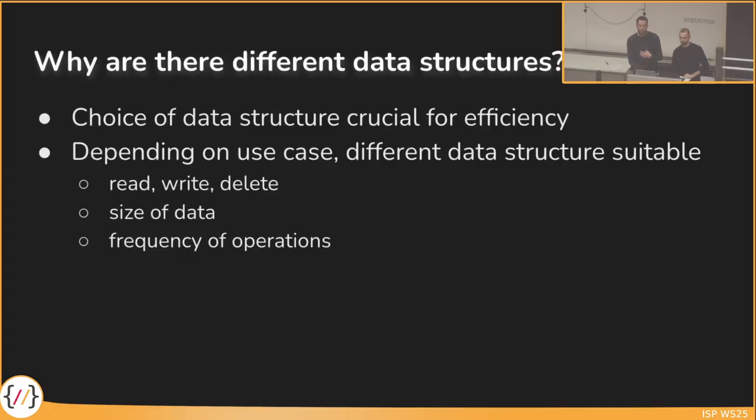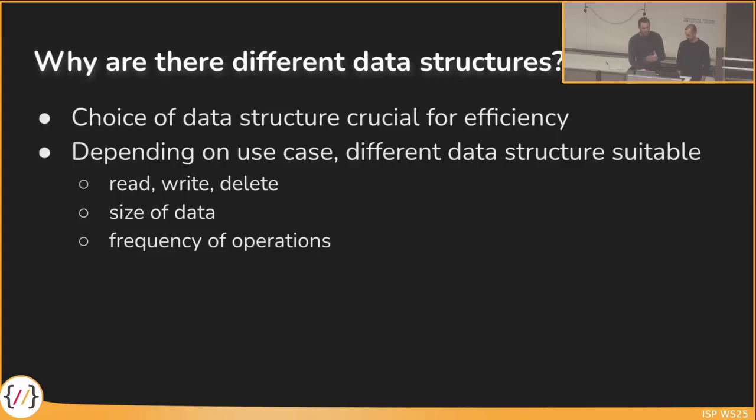So we as programmers have to decide which data structure fits best for the use case that we want to implement. As we mentioned, the card game, which is basically the stack, or the queue if we want to implement a queuing system.